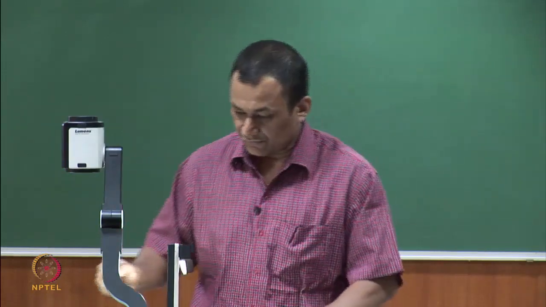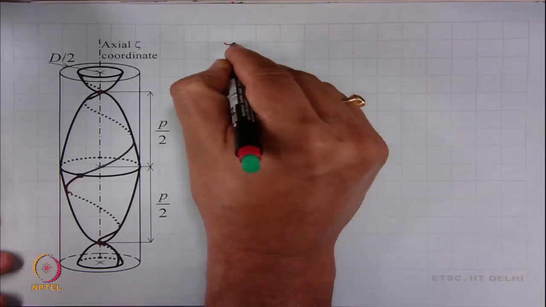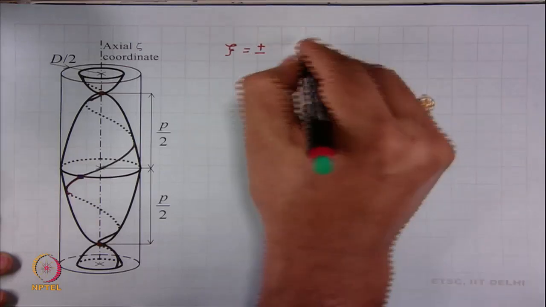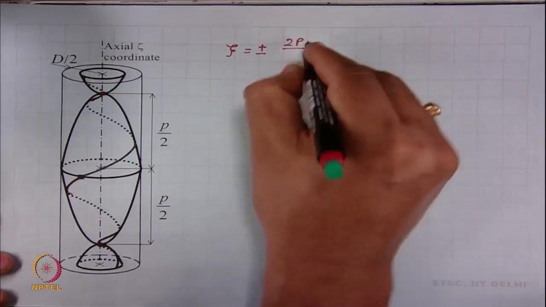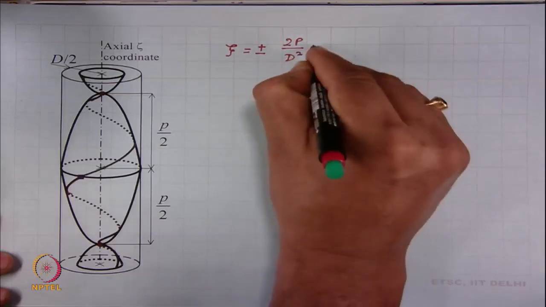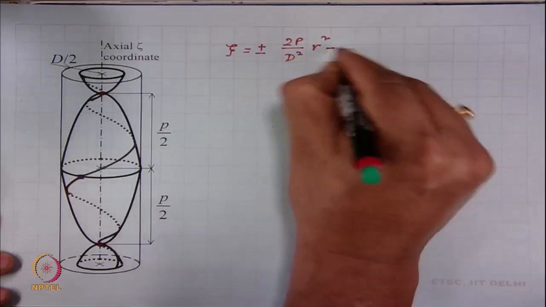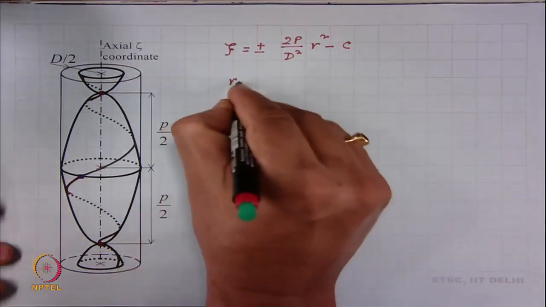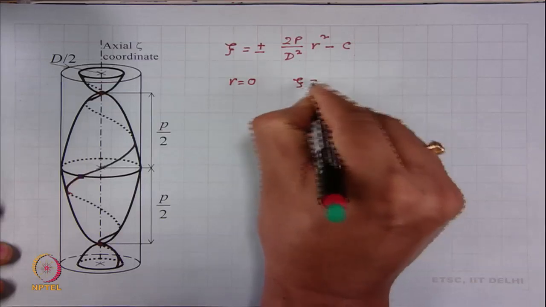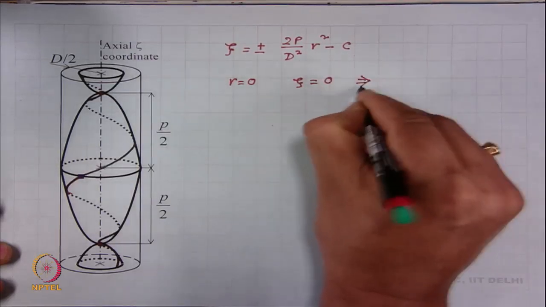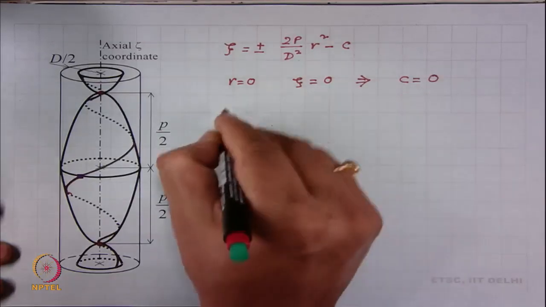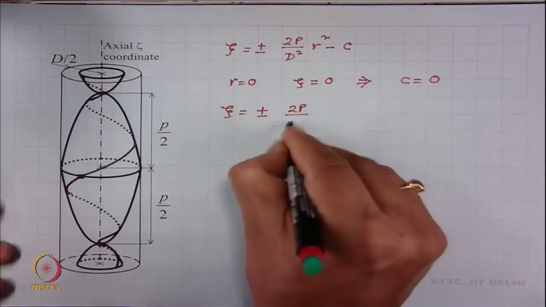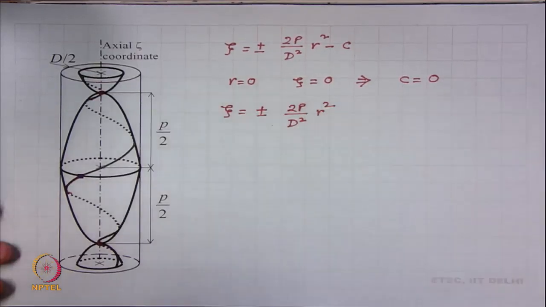So, what was the form? Form was this, equal to plus minus 2p by d square r square minus c. When r is equal to 0, this must be equal to 0, this infers c is equal to 0. So, equal to plus minus 2p by d square r square.